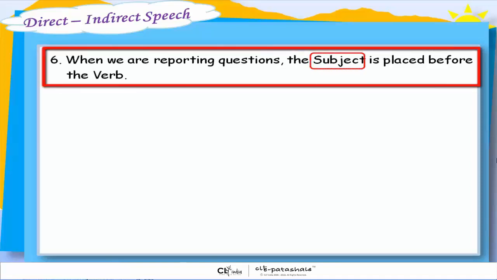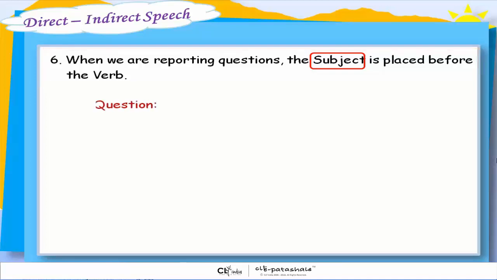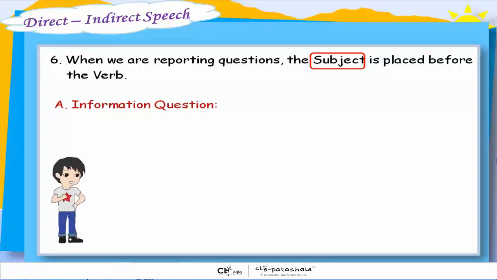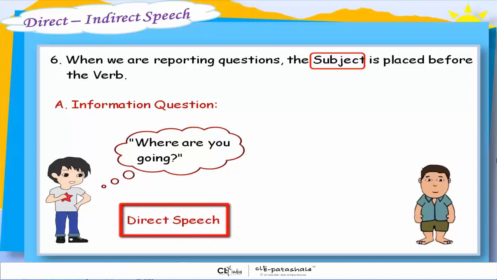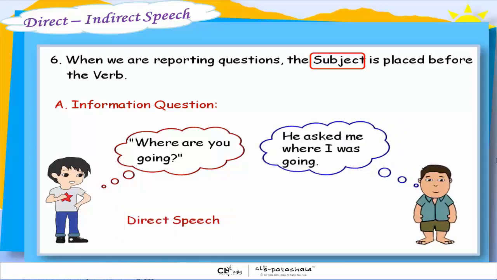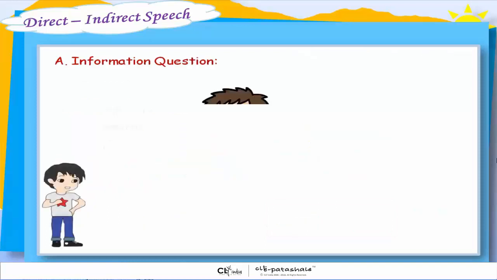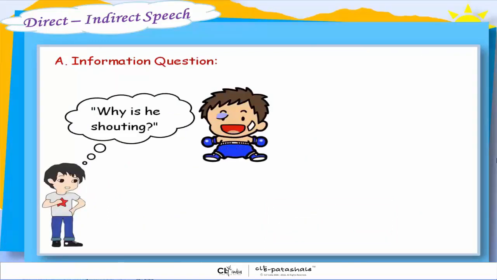When we are reporting questions, the subject is placed before the verb. Information question. Where are you going? This is in the direct speech. He asked me where I was going. This is the reported speech. Information question.